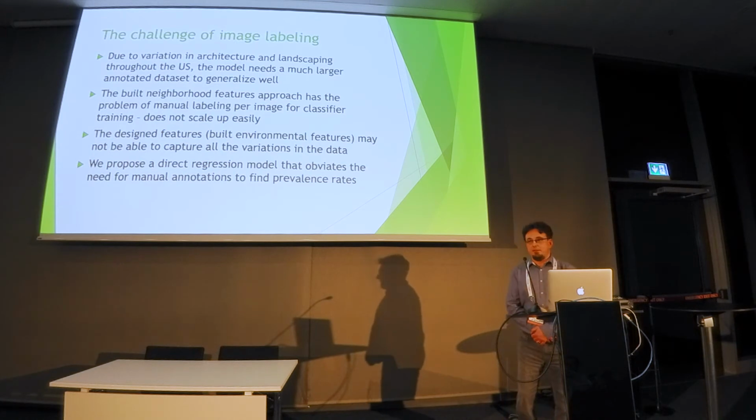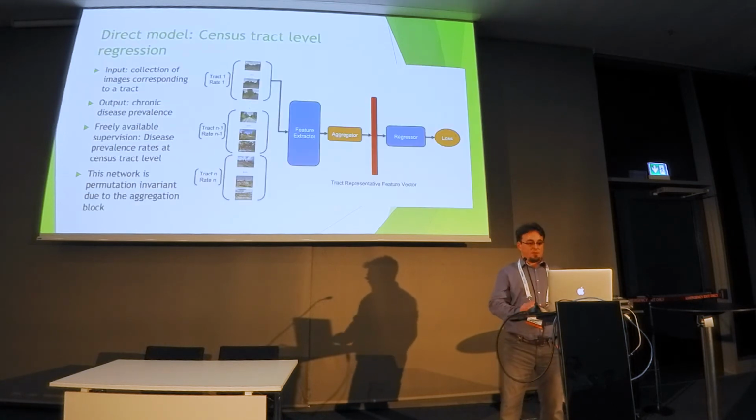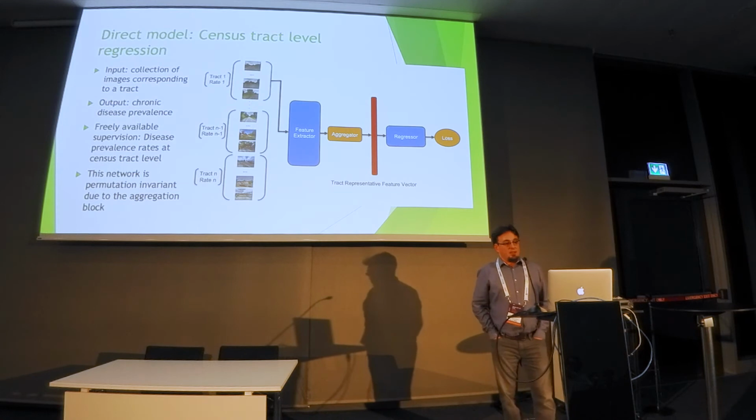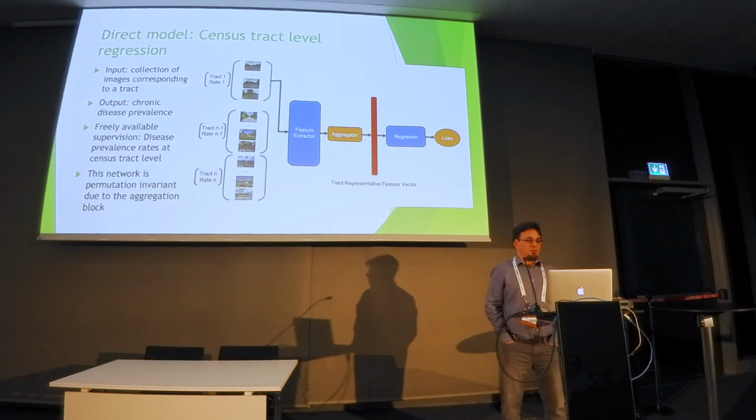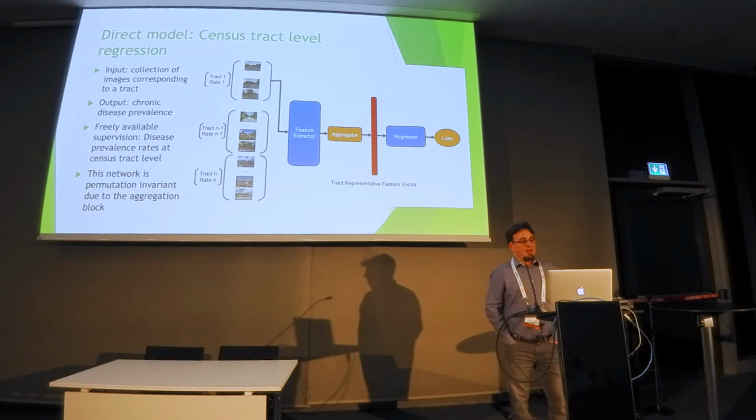Additionally, the designed features, as we call them, the built environment features, are hand designed and may not be able to capture all the relevant variations in the data. So we proposed a direct regression model that tries to get away from this problem of labeling. We still use a deep convolutional neural network, but now, instead of single images, we take a set of images from a census tract, and we build a network which is permutation invariant.